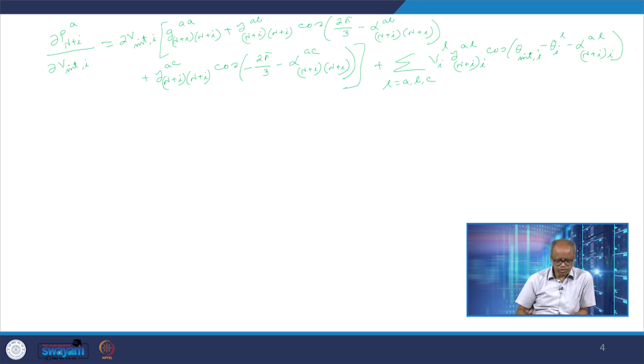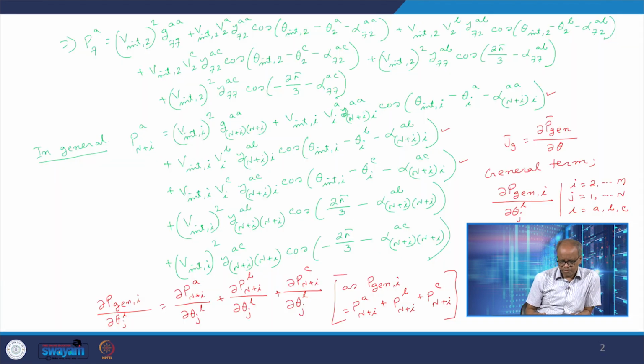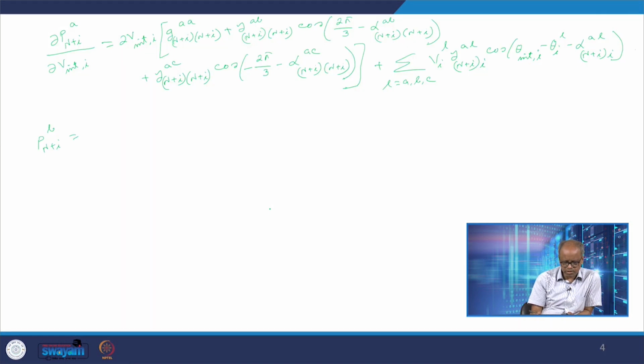Right. So similarly, I can write down the expression of P n plus I B. So what would be the P n plus I B terms? So it is V internal I square G n plus I, n plus I B B. We can simply write it from here. So let us try to write here. I will only write this term, other terms I will not write.